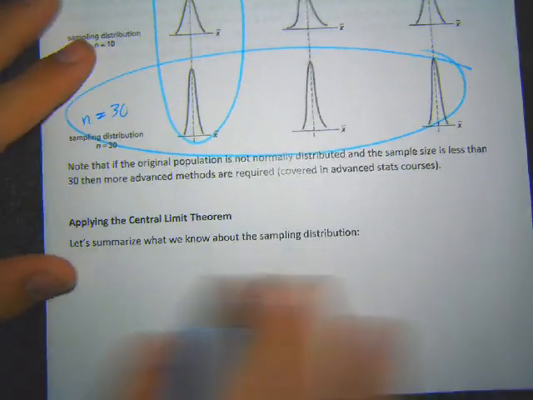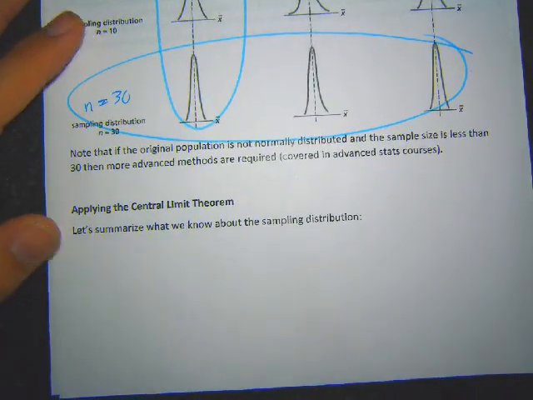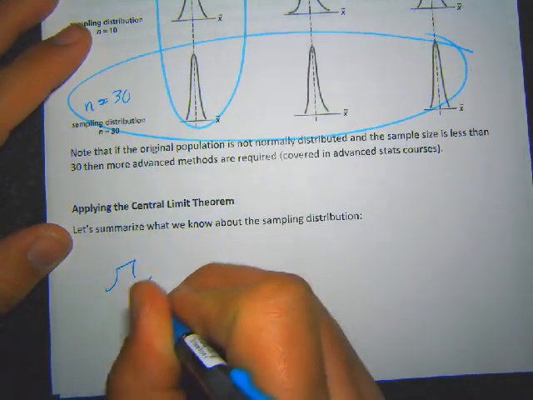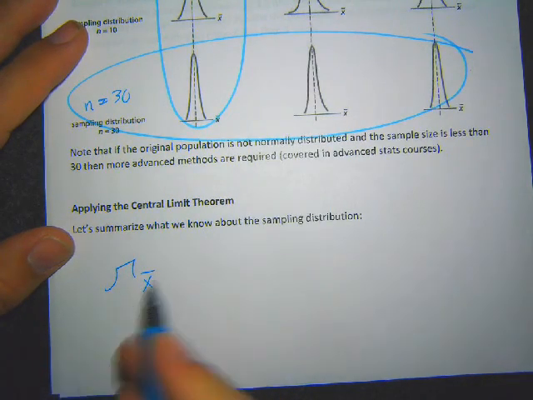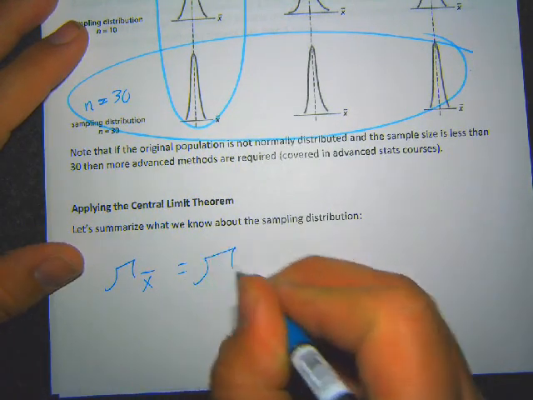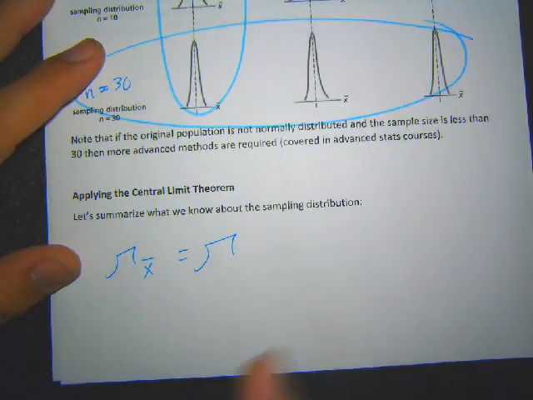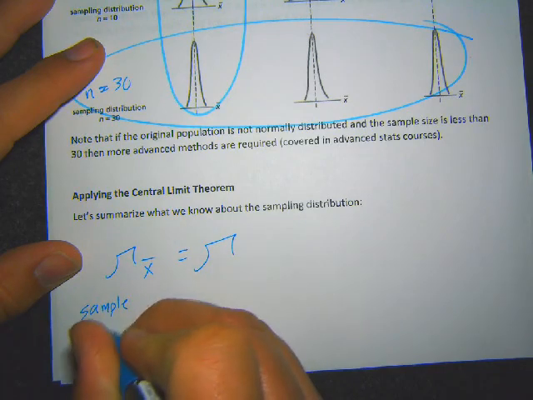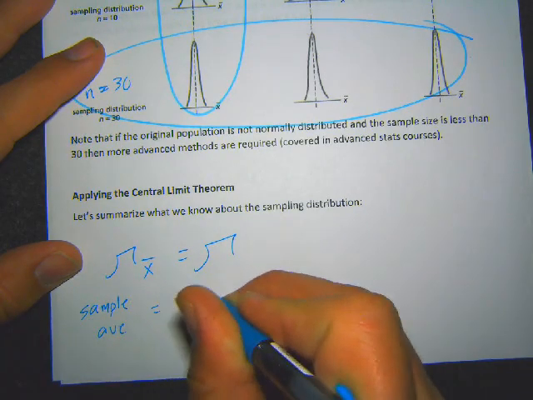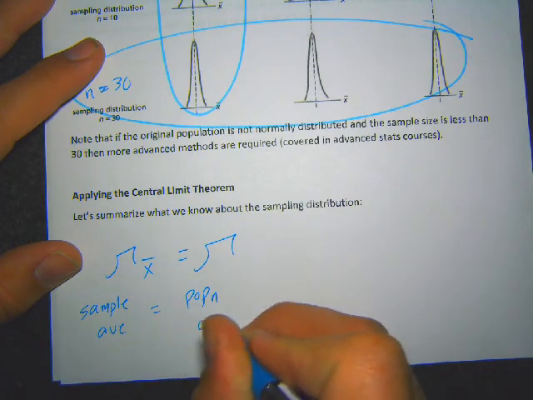Again, the central limit theorem says that the mean of all the sample means, the average of all the different samples we could take, is the same as the population mean. So the sample average equals the population average.